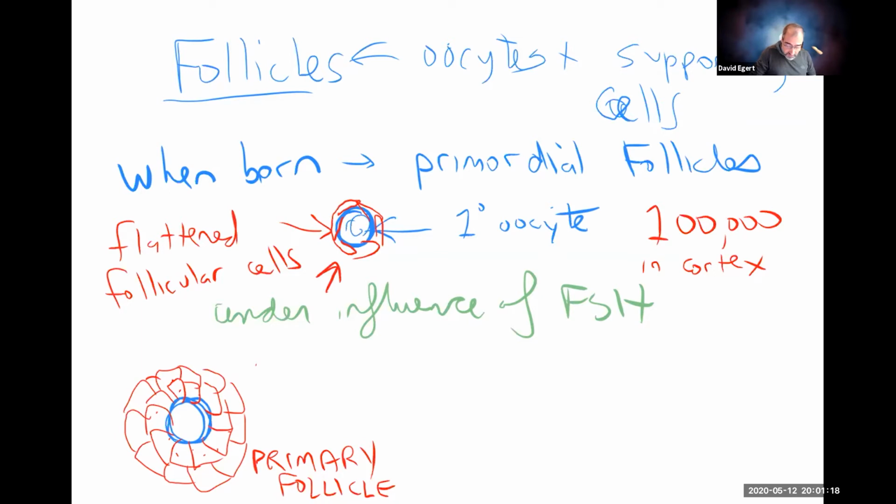And the cells that are surrounding it are no longer called follicular cells. They are now called granulosa cells. There are also cells from the connective tissue in the ovary called thecal cells that are also important parts of the follicle.